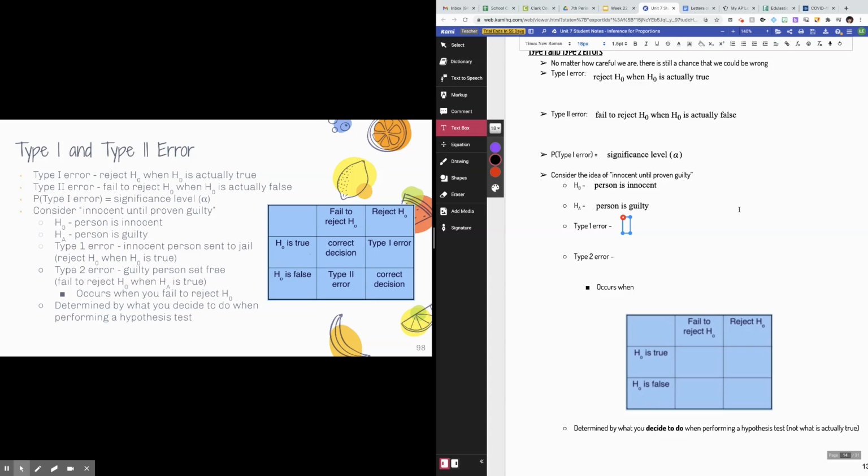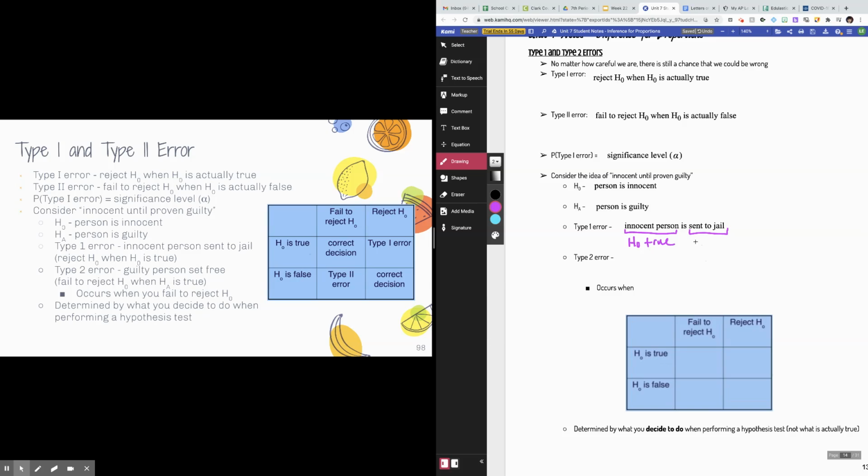In a type 1 error, an innocent person gets sent to jail. The person being innocent is our true null, and the person being sent to jail is the decision that we made to reject the null.